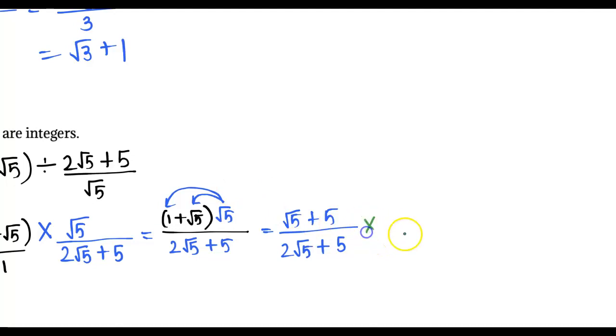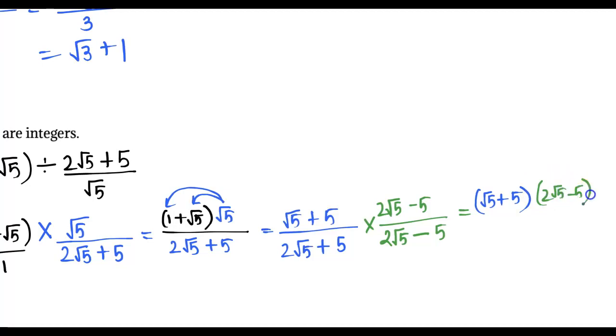So we're going to take the same term but with a negative sign. So 2 root 5, take away 5. Now we're going to be multiplying root 5 plus 5 and 2 root 5 take away 5.